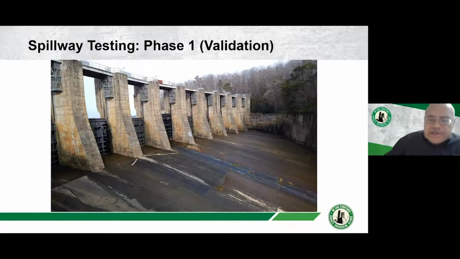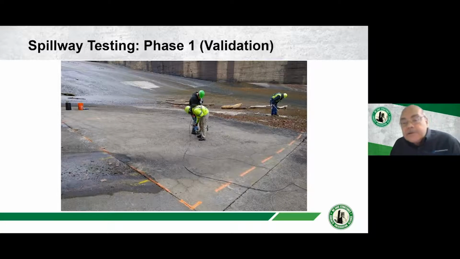A good way to understand this for spillways, looking at the concrete, but also looking underneath the concrete, is a validation phase here. It's about a 30 by 30 foot area. It was cleaned and pressure washed, and we did ground penetrating radar and our sonic testing, and quantified the integrity of the concrete.